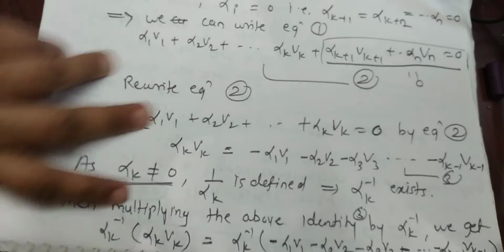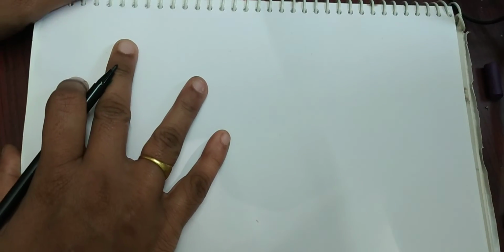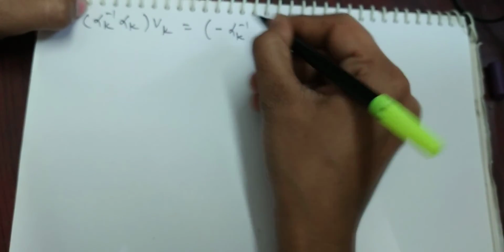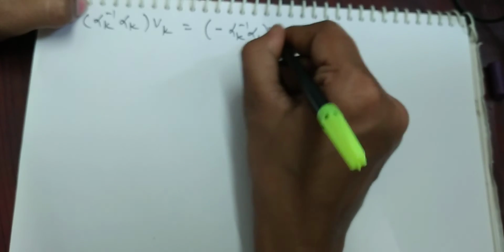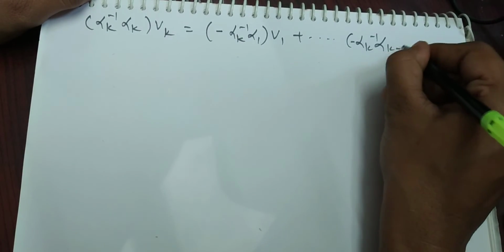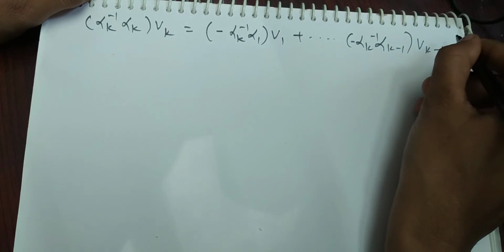So you will get alpha k inverse alpha k vk is equal to minus alpha k inverse alpha 1 v1 minus ... minus alpha k inverse alpha k minus 1 vk minus 1.